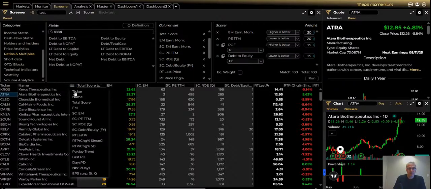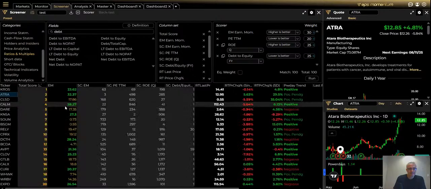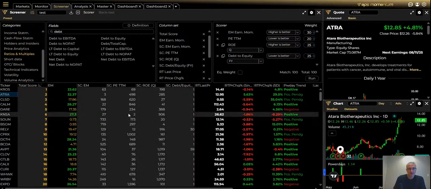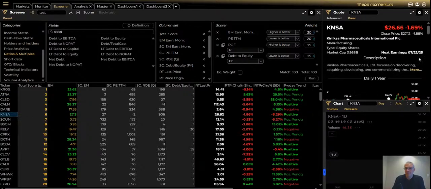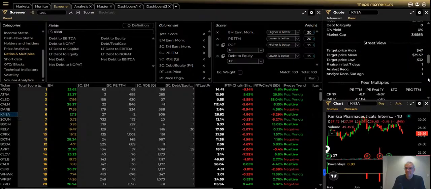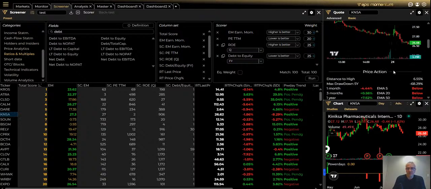I can also remove the name here, it takes a lot of space. And then we get total score. We can see that this guy is the best with the cheapest PE, KNSA. We can look it up, and let's see his P ratio. Yeah, he has a P actually negative something, so that's actually maybe not that good.